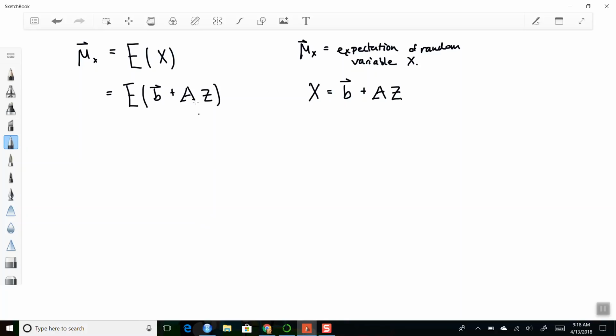Okay, and b is just a constant. So the expectation of b is just b, plus, and now we have to get the expectation. Z is the only thing that's a random variable, right? b is a constant.